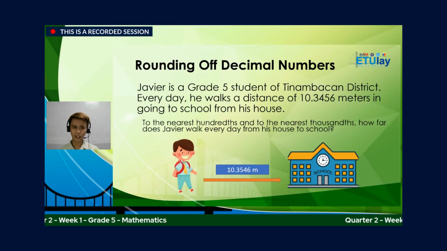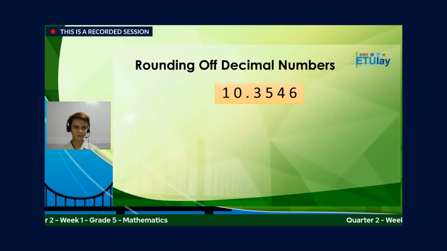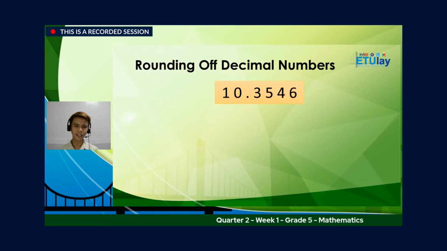thousands. For further understanding about this situation, let us have the step-by-step process in rounding off the decimal numbers. So we have this given of 10 and 3,546 ten thousandths.